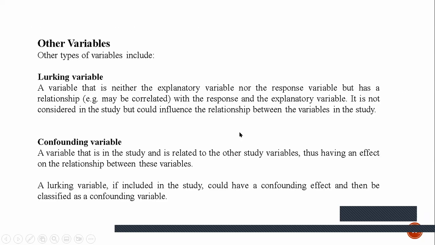And also we have another two variables as well. Other types of variables include lurking variables as well as confounding variables. What are the differences of these two? The lurking variable as well as the confounding variable.